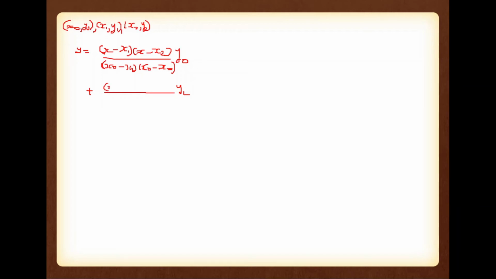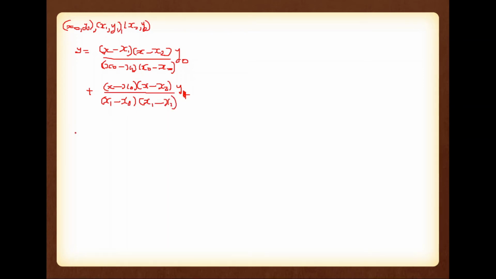So we have x minus x0 into x minus, please note, not x1, x2, because corresponding to y1 we have x1, so that term must be absent in the numerator. Now in the denominator we have x1 minus x0 into x1 minus x2. So this is the second element.